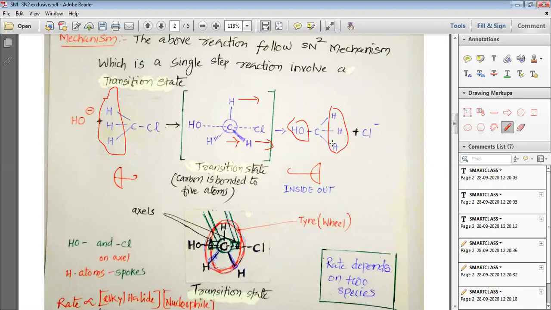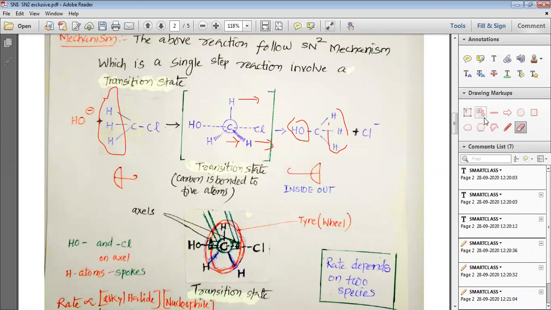So when this happens, you can say that the configuration, the symmetry of this compound is being changed. Initially, it was like an umbrella which is open. But due to the heavy forced wind, the umbrella turns inside out, my dear students.